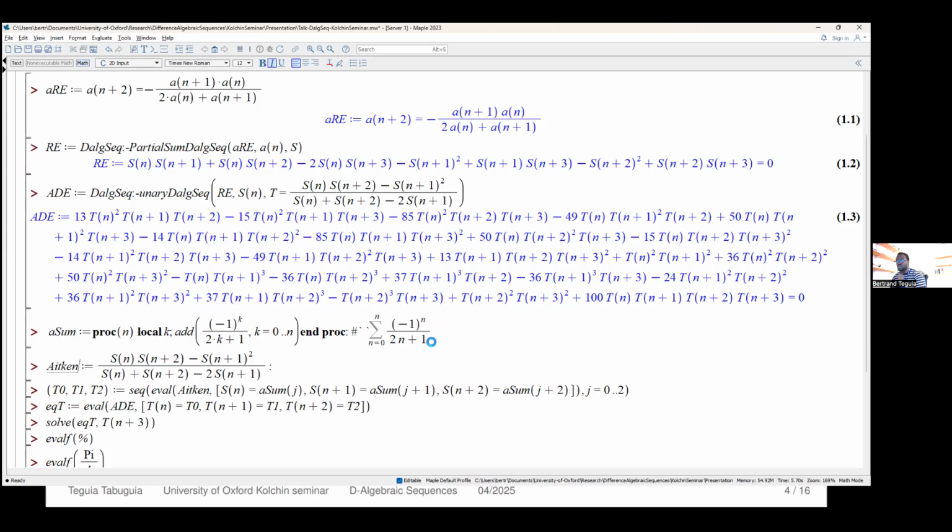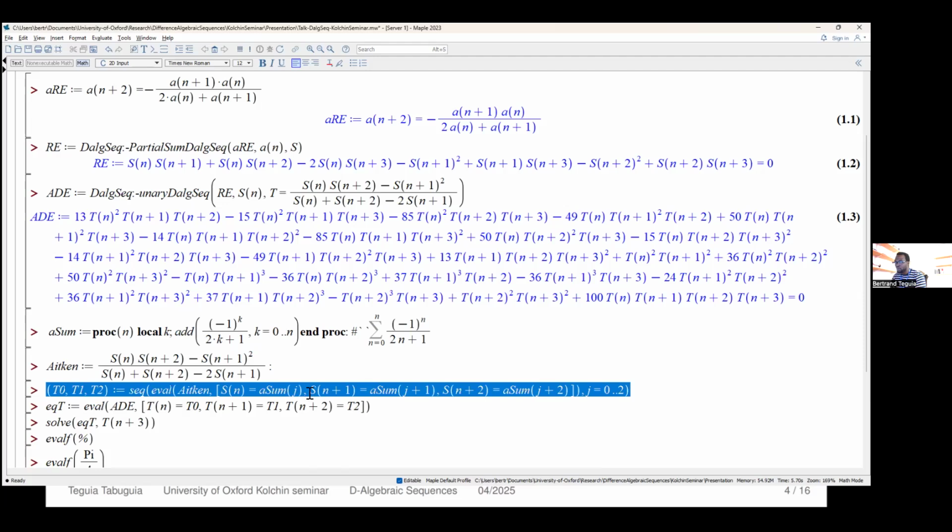I will use it to compute the first few terms of the sequence Tn. This is just the same transformation here, and then this command will compute the first 3 terms of the sequence Tn.